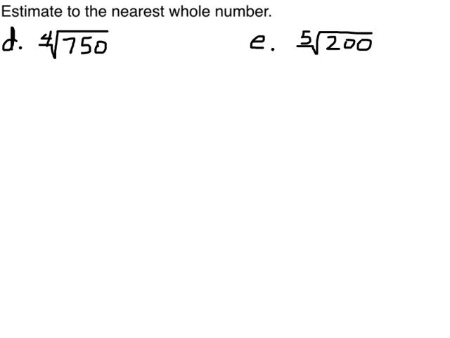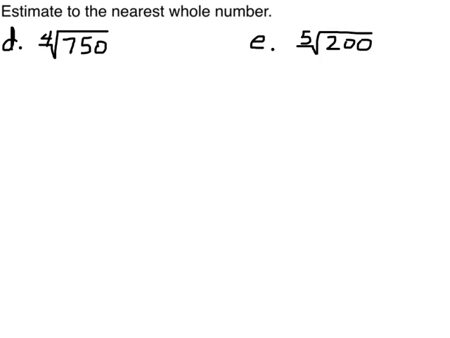Alright, D and E are going to be estimating higher order roots. D says the fourth root of 750. Alright, well, we know earlier we tried 4, and 4 times 4, oh no, I'm sorry, we didn't.